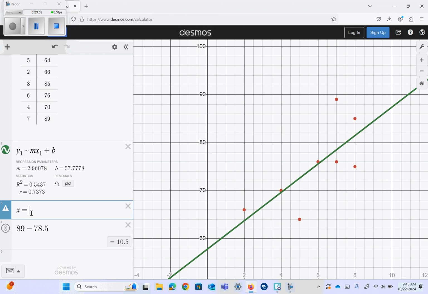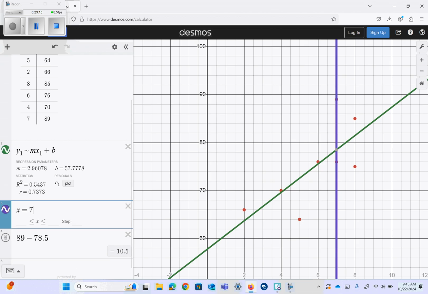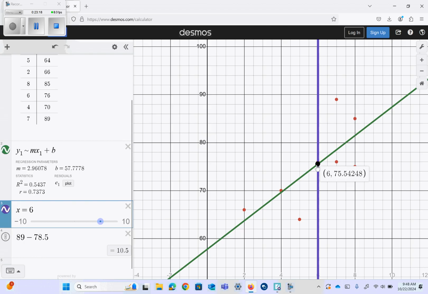Row. So we're on problem number 7. Should I keep it at the 7 like it was? No. Change it to the 6, right? Cool. So I have that right there is my predicted, but my data at 6 showed 76.